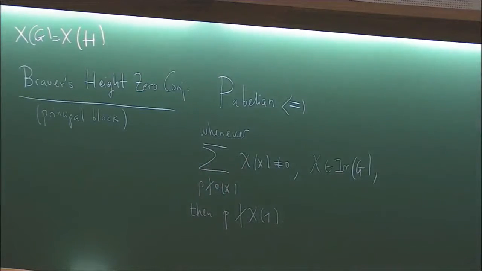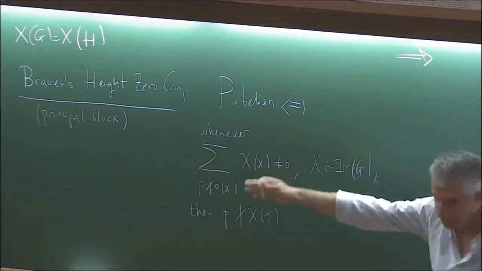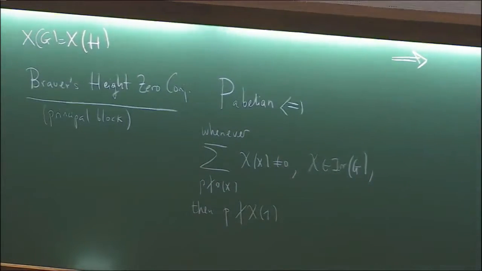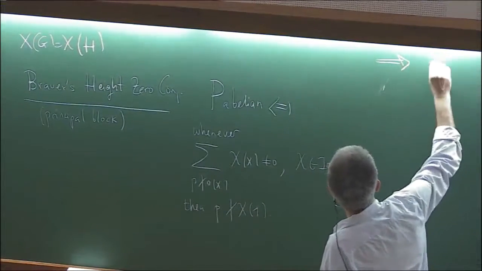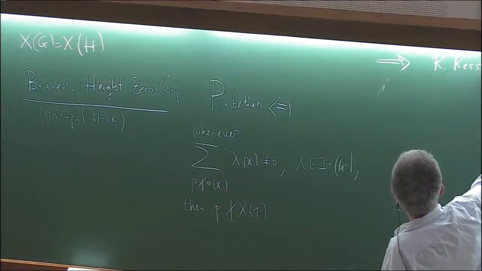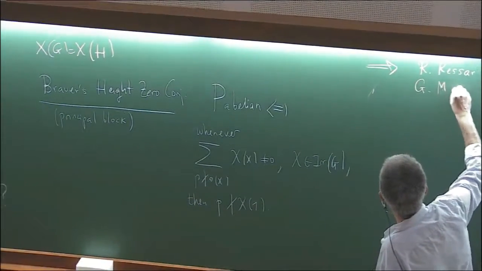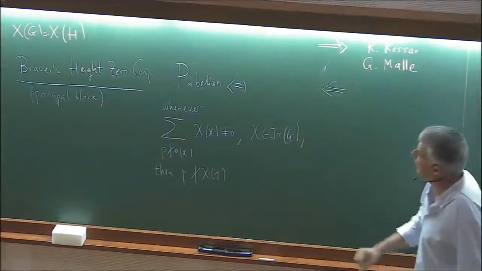Okay, the conjecture in this direction, not only for the principal block, but for every block, is an impressive theorem by Practice, Kessar, and Gunter Malle. So this direction is now complete. And this direction has been reduced.